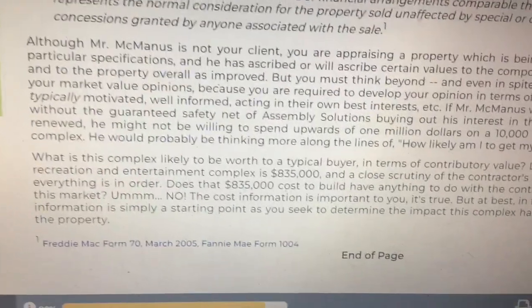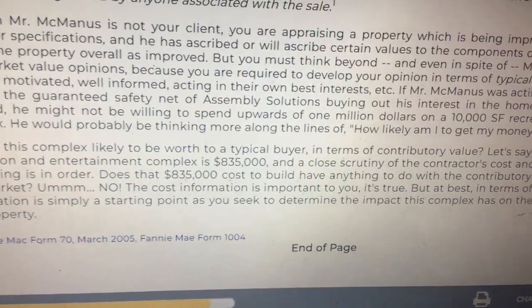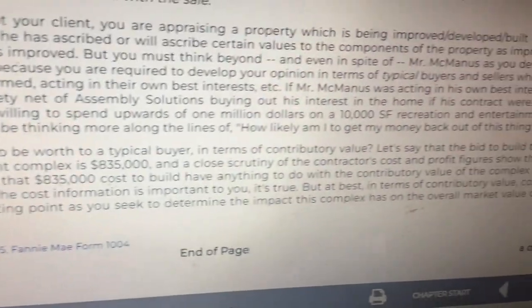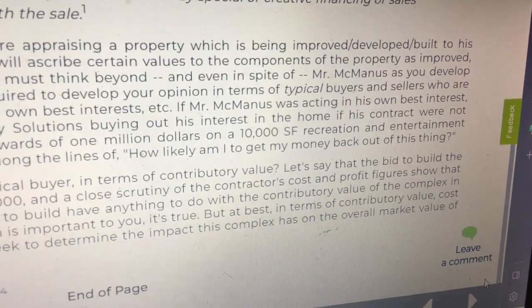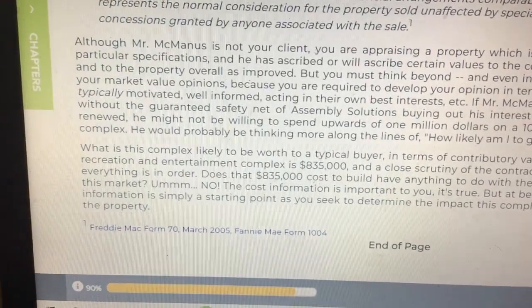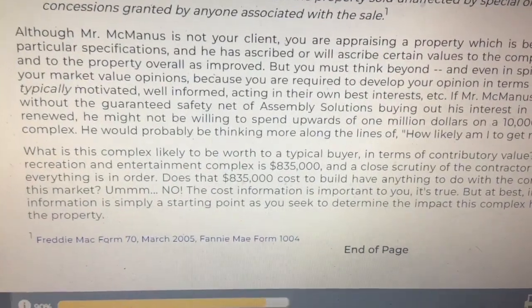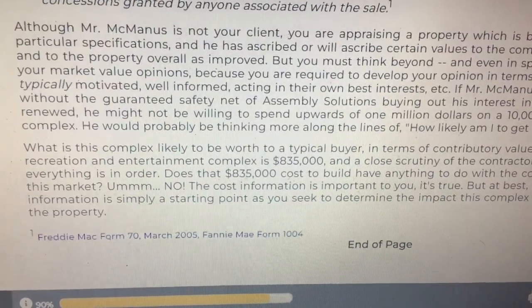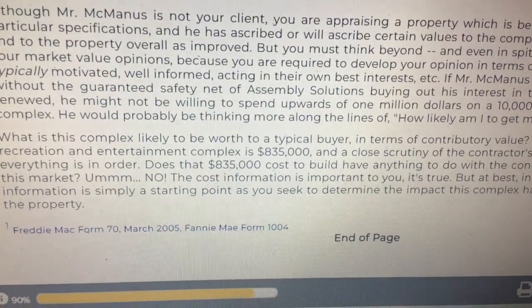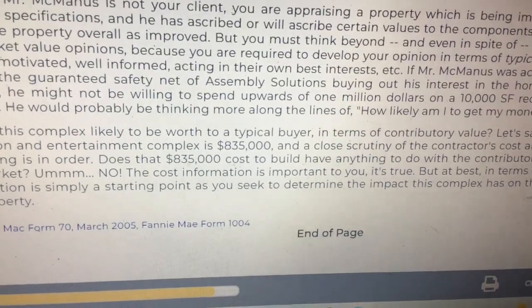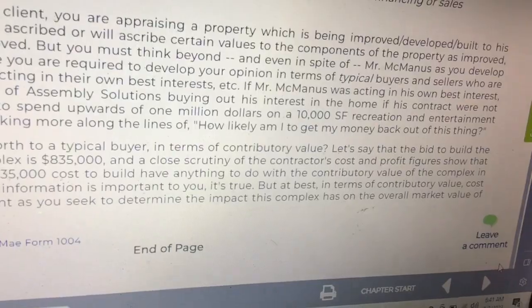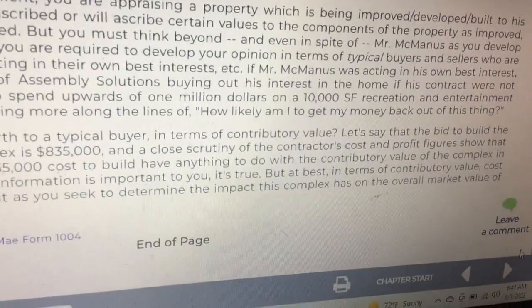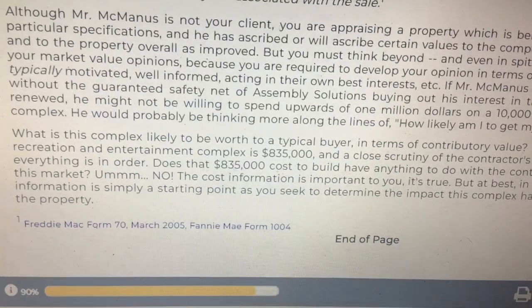What is the complex likely to be worth to a typical buyer in terms of contributory value? Let's say that the bid to build the recreation and entertainment complex is $835,000, and a close scrutiny of the contractor's cost and profit figures show that everything is in order.